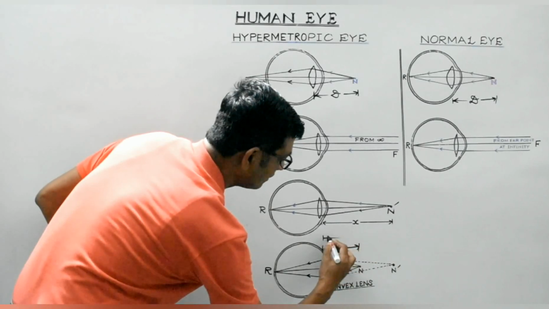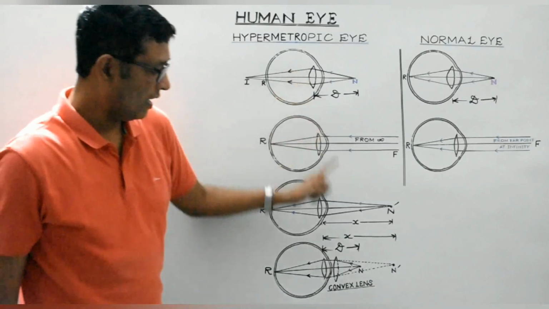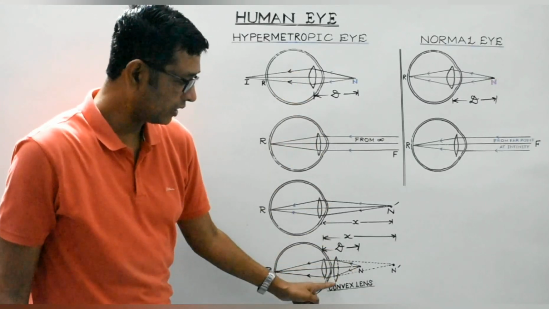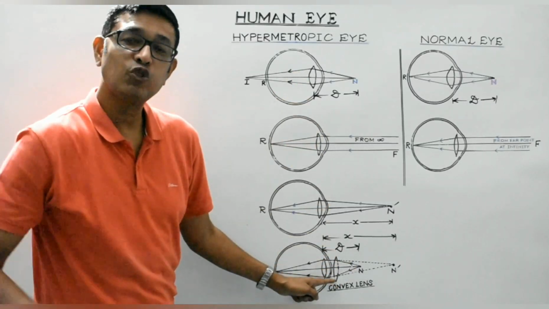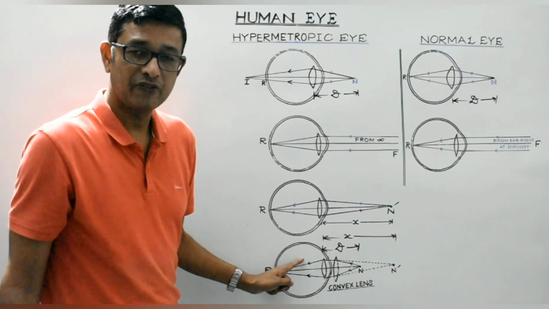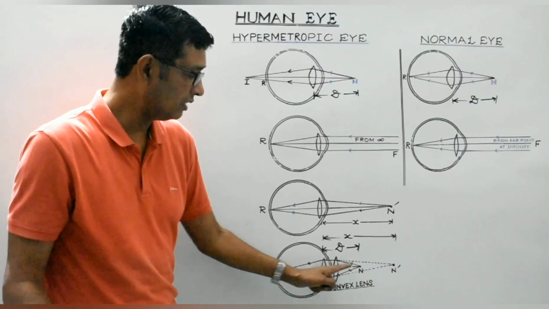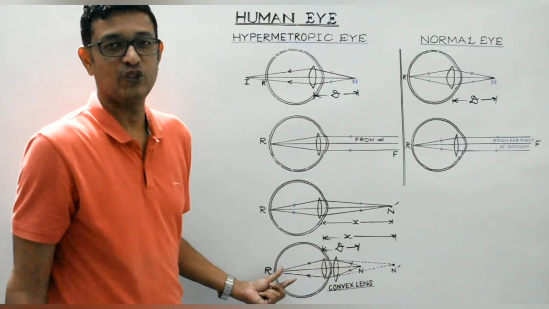So, by using a converging lens of suitable focal length or suitable power, this person suffering from hypermetropia will be able to see clearly this nearby object as well.